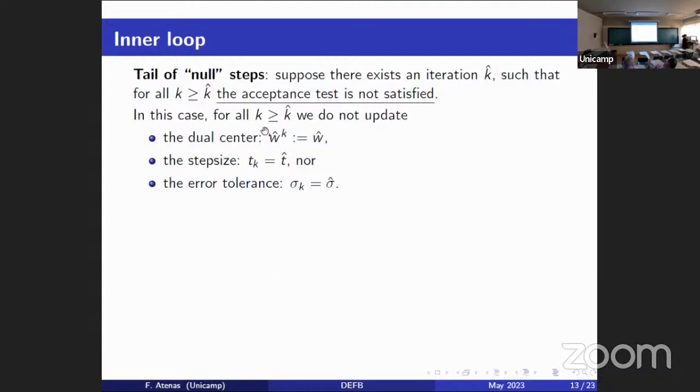And from the definition of the algorithm, we never again update the center, because we only update the center when we pass the test. We never again pass the test, so we keep the center. And for the convergence analysis of this case, when we do not pass the test, we do not update the center, the step size is kept fixed, and the error tolerance is also kept fixed.